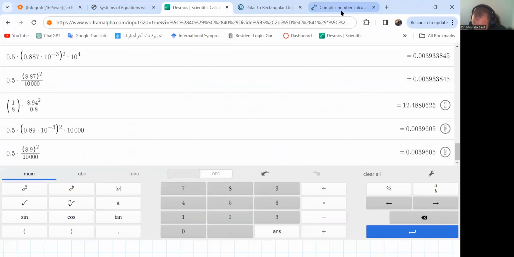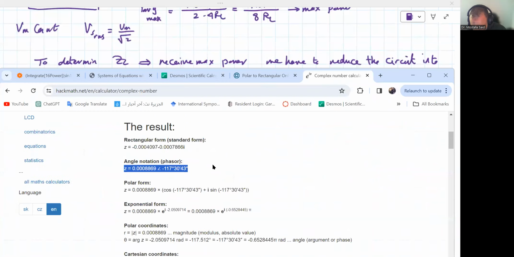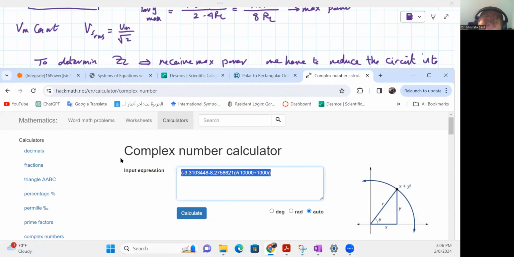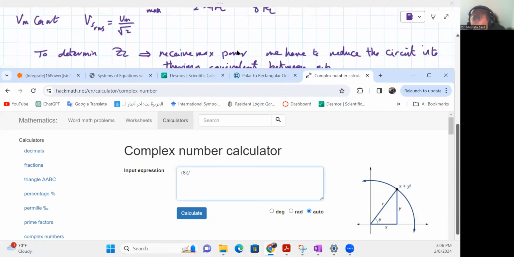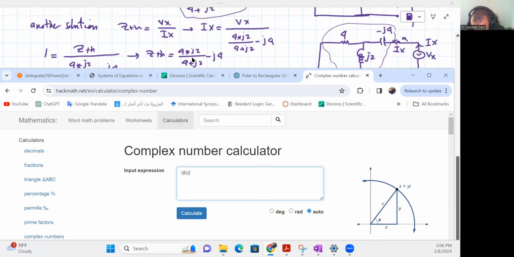Okay, so here it is. 4 multiplied by j2 is j8, so in parentheses, 8i, we're going to divide by 4 plus j2, 4 plus 2i, and put all of that in parentheses.